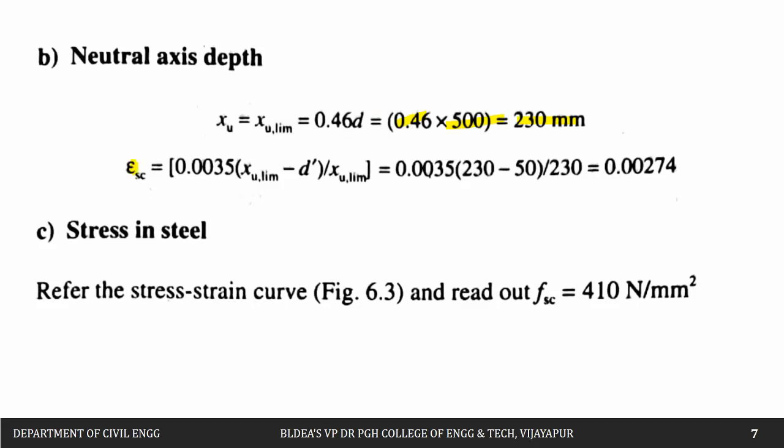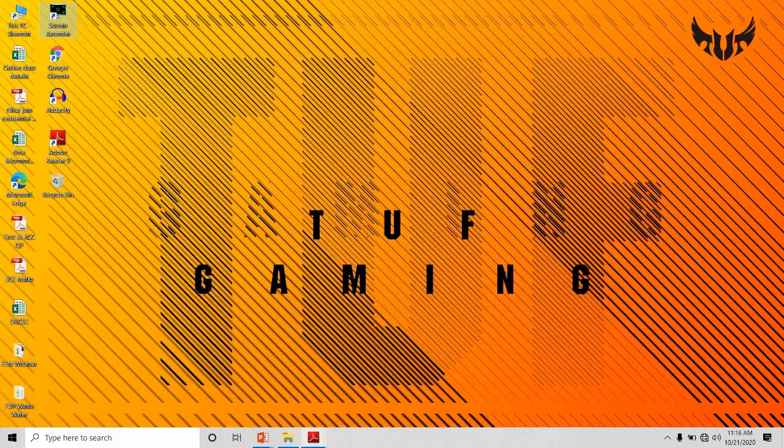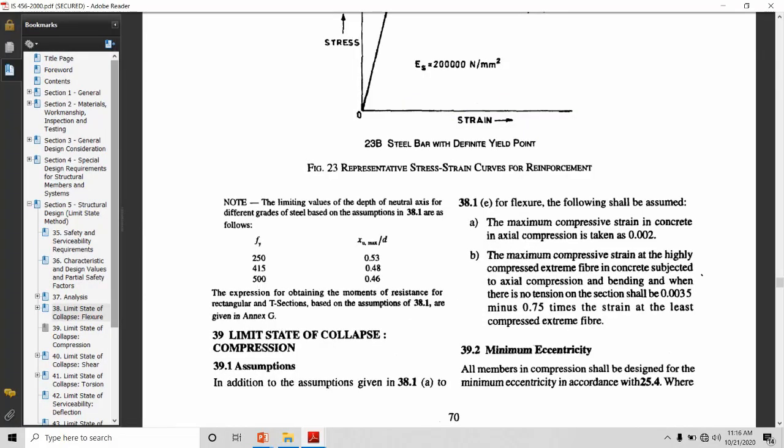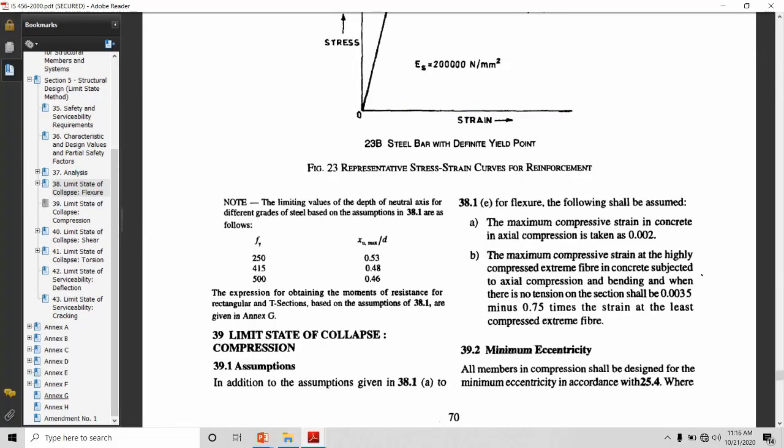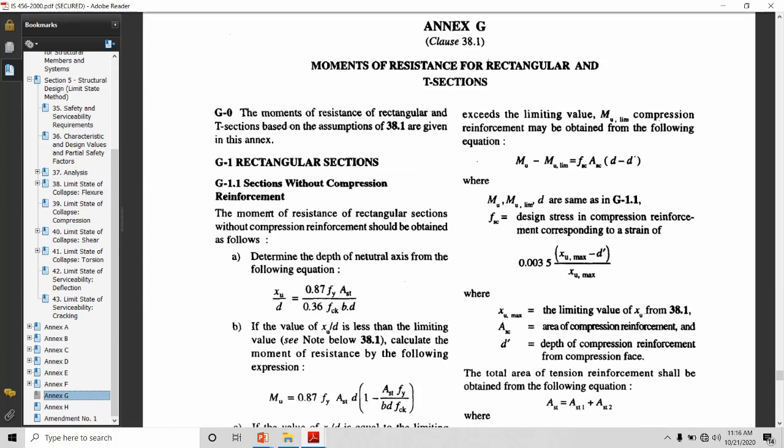Then next we will calculate the strain. Strain is given by 0.0035 into XU max minus D dash divided by XU max. This formula is also given in the code book, you can refer to annexure G. There they have given FSC, the design stress, corresponding to the strain 0.0035 into XU max minus D dash divided by XU max.